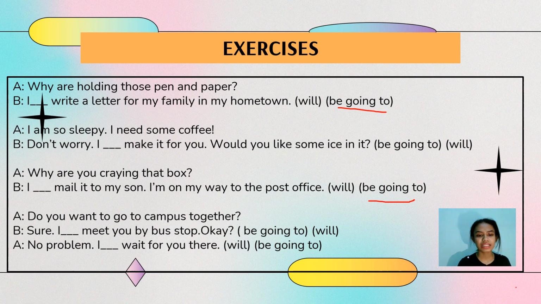And the answer is will. And for A, I blah blah blah wait for you there, the answer is will or be going to, and the answer is will, because it makes sense, masuk akal.